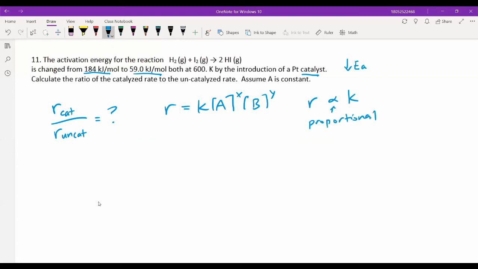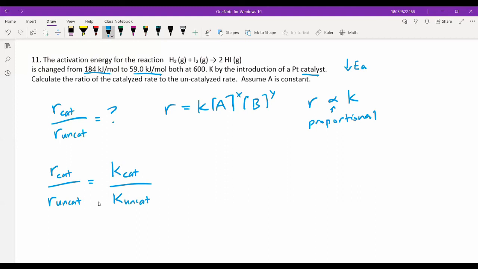So again, as one goes up, the other one goes up, and vice versa. That's nice because if you're doing ratio problems, proportionality is good. Even inverse proportionality is also useful because you can just flip it around. But this makes it so that you can write the ratio of the rates equals the same as the ratio of the rate constants.